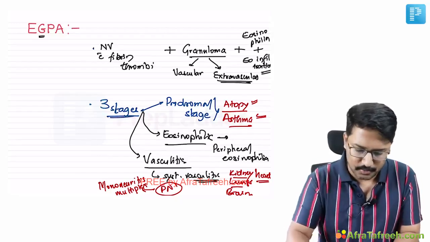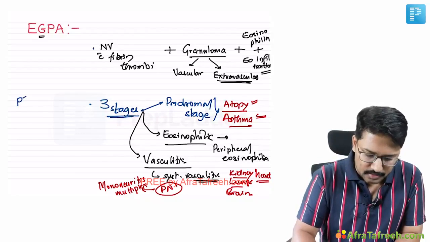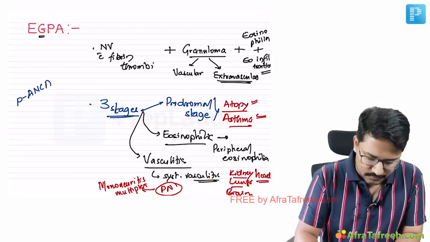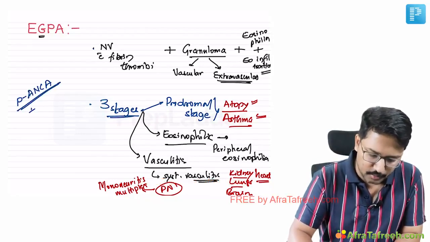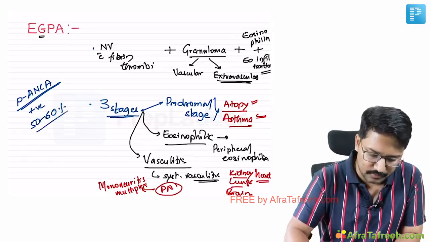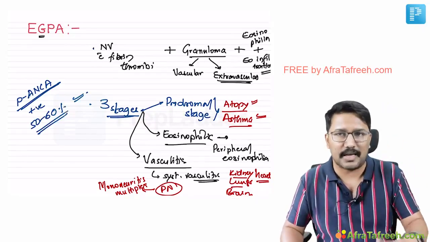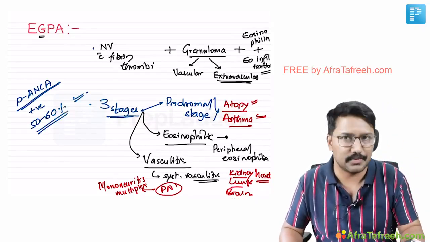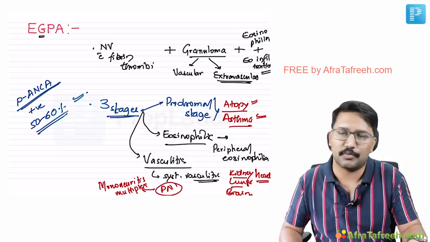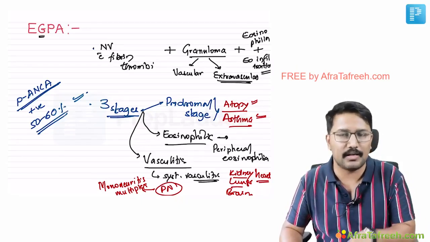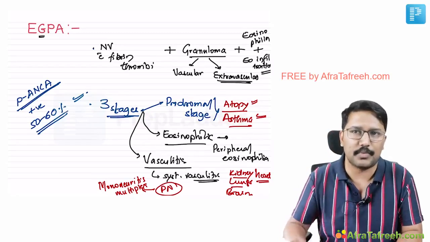Now when we talk about EGPA, we have to note that these are also usually P-ANCA positive. P-ANCA positivity is seen in up to 50 to 60% of these patients. In terms of ANCA positivity, the maximum positivity is what we see in patients with GPA, and there it is usually C-ANCA positive. In case of MPA and EGPA, we see P-ANCA being the predominant form.